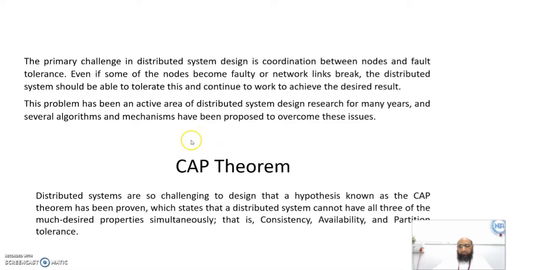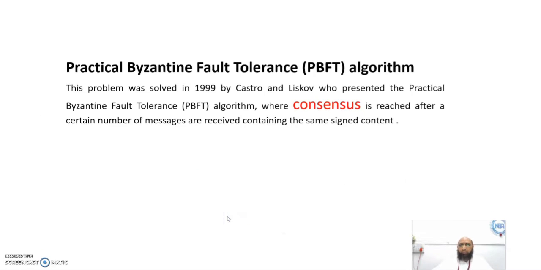There is one theorem that is called the CAP theorem. Distributed systems are so challenging to design that a hypothesis known as the CAP theorem has been proven, which states that a distributed system cannot have all three of the much desired properties simultaneously, that is consistency, availability and partition tolerance. So how can this problem be solved?